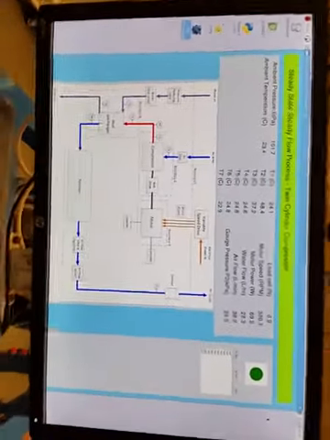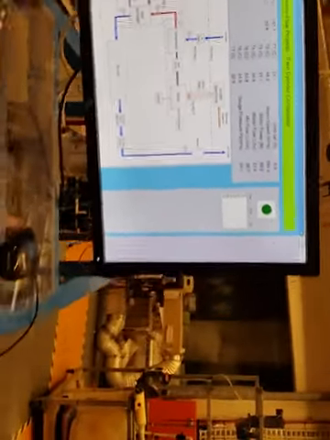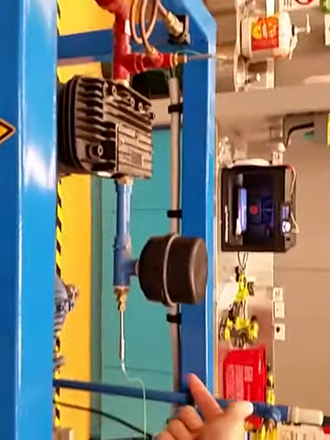Now, since we went through this screen, let's see physically what we've got in the air compressor. You may see this is where the air goes in.